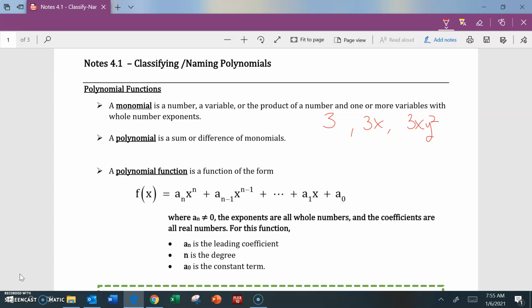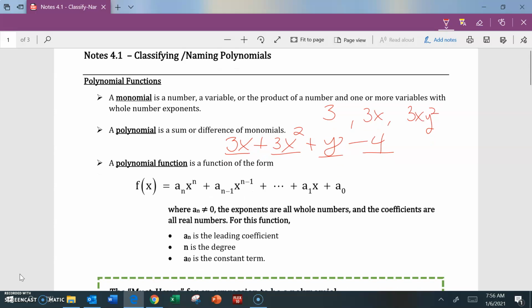So to make a polynomial, you have to have a sum or difference of terms. So this, for instance, has 1, 2, 3, 4 terms. And so a polynomial, you're always going to have a plus or a minus sign in there.